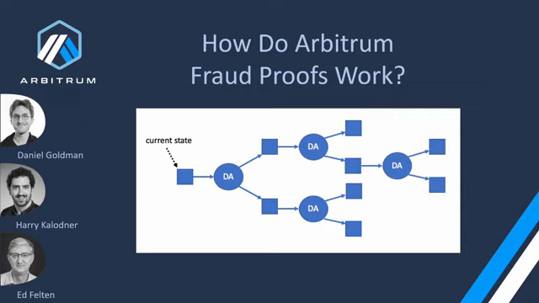Yeah, so just to reiterate a bit, I think the key intuition here, at least for me, is that if Alice and Bob disagree about the result of the state update, it must be that there's at least one instruction that they also disagree on. And basically the whole interactive process is about zeroing in on what that tiny disagreement is.